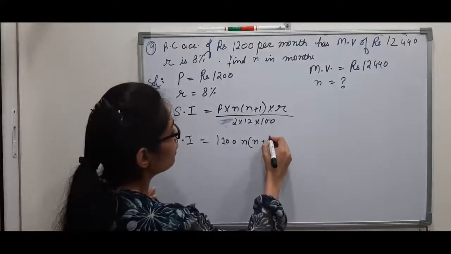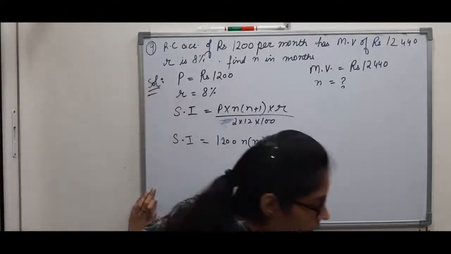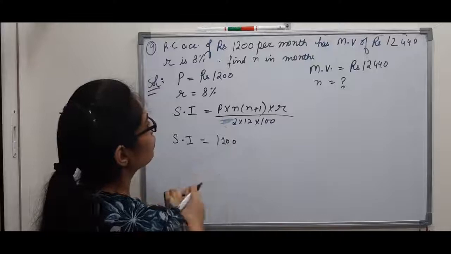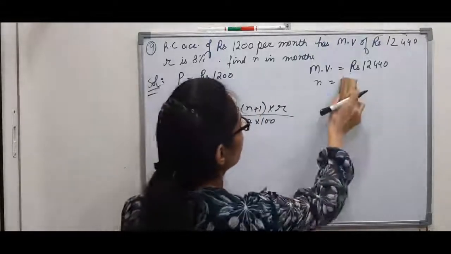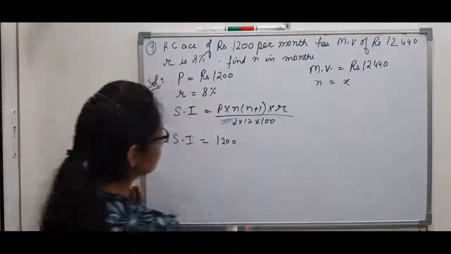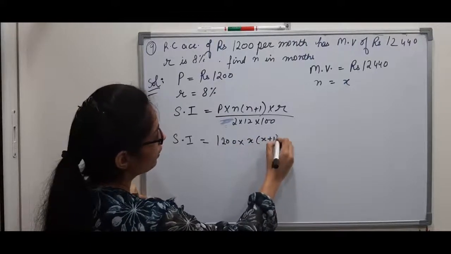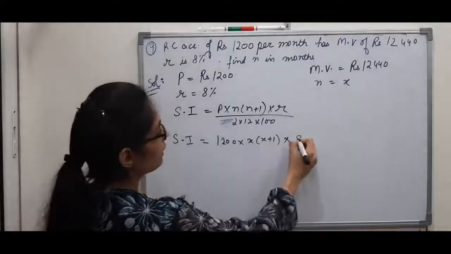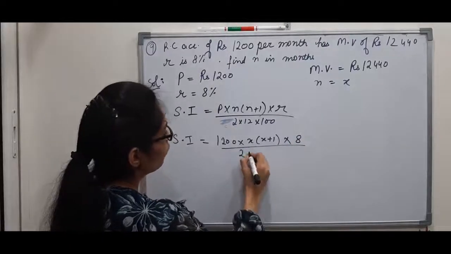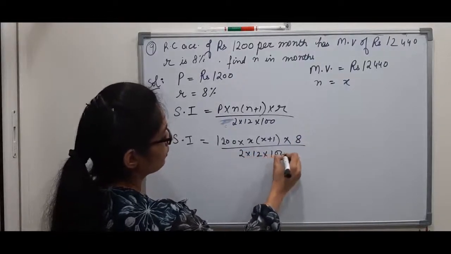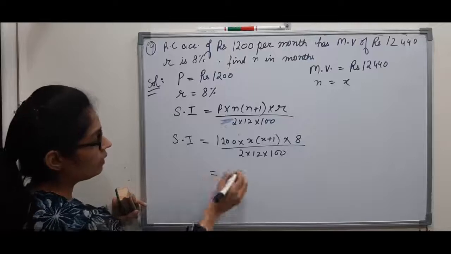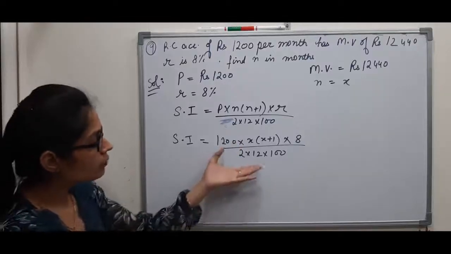Let's keep it in x, so suppose n equals x. So I will write x into x plus 1 into R, which is 8, over 2 into 12 into 100. The calculation will be very simple here.